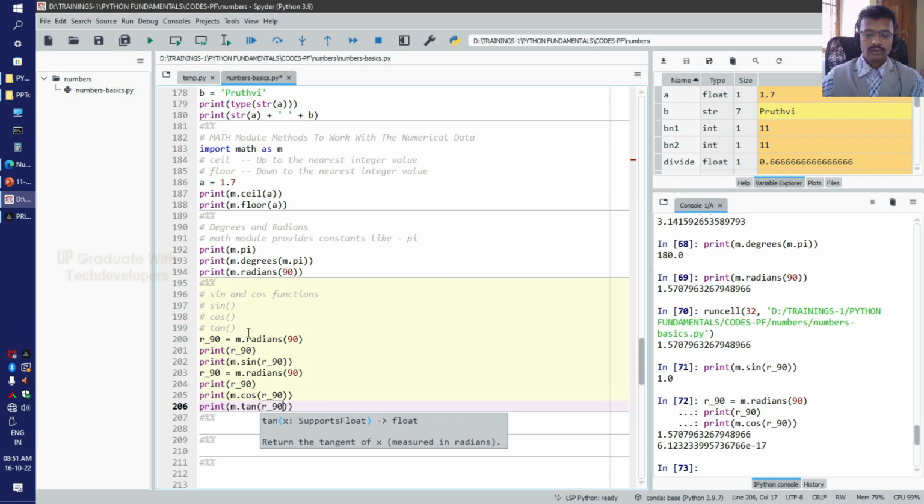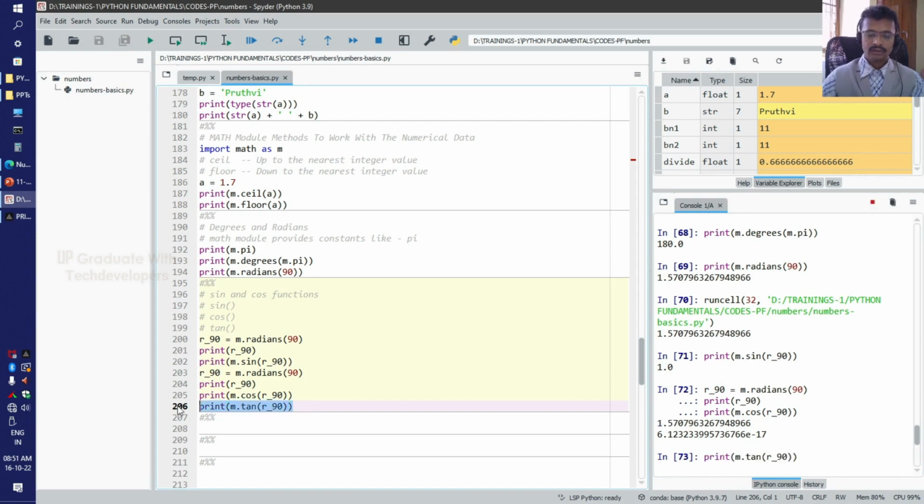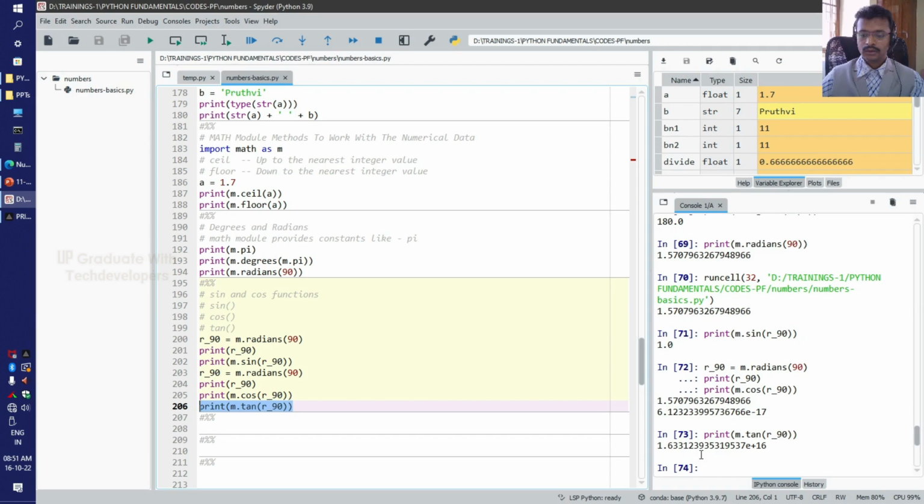So the radians of 90 degree is nothing but 1.57. Let us create the tan value of this 90 degree in radians. It is 1.633 into e to the power of plus 16.